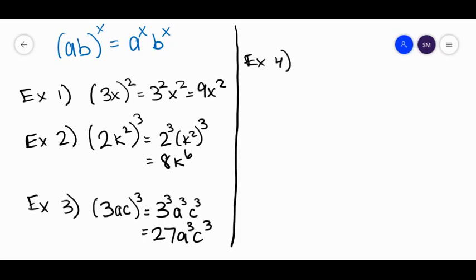And we can also apply the rule in the other direction. So for example, 3 squared times 2 squared is equal to 3 times 2 squared, which is 6 squared, or 36.